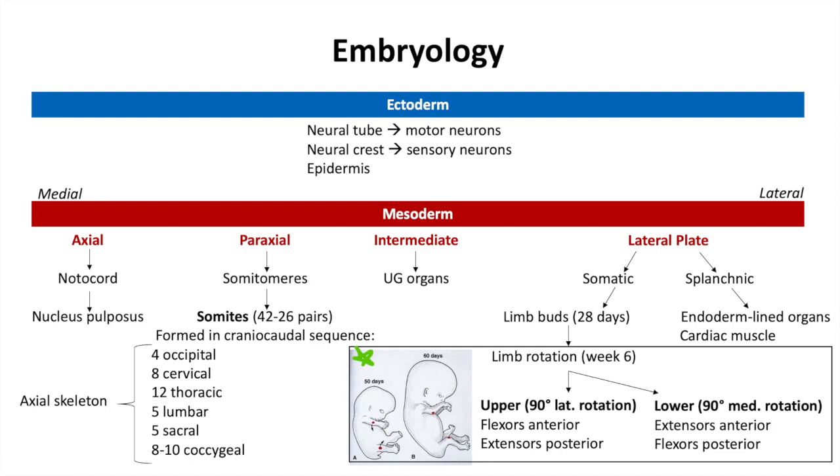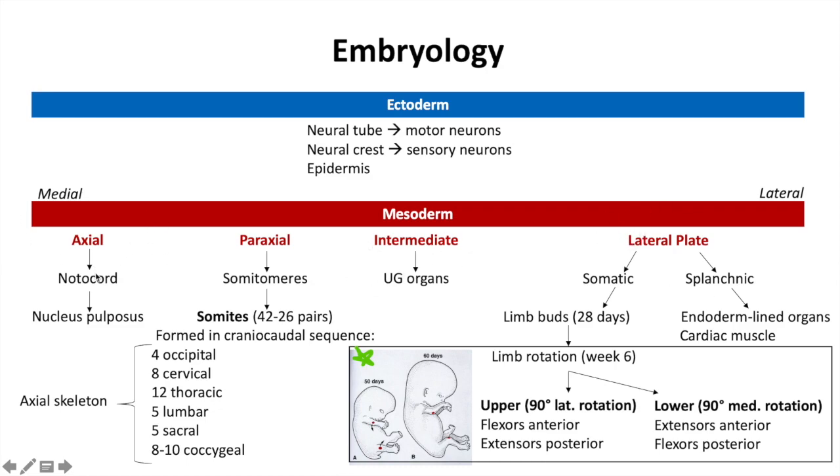Okay, so let's talk about some embryology. We've got this ectoderm, as we've talked about before, having this neural tube leading to motor neurons, and then the neural crest leads to the sensory neurons. And then we also have our epidermis. Our mesoderm, we're going to have the axial and paraxial, and then intermediate portion, and then also the lateral plate.